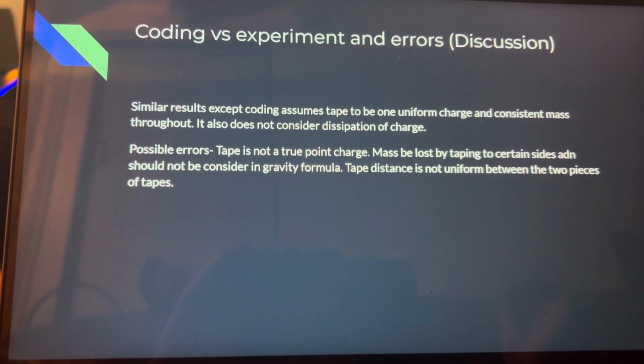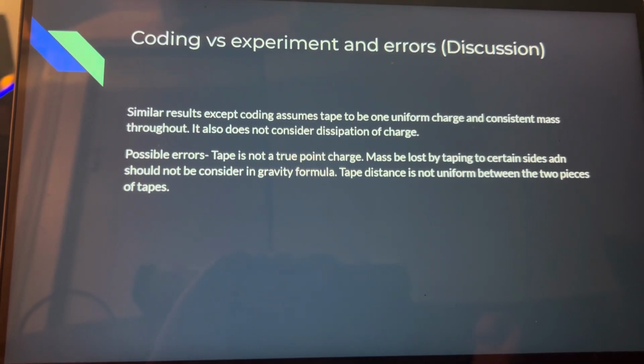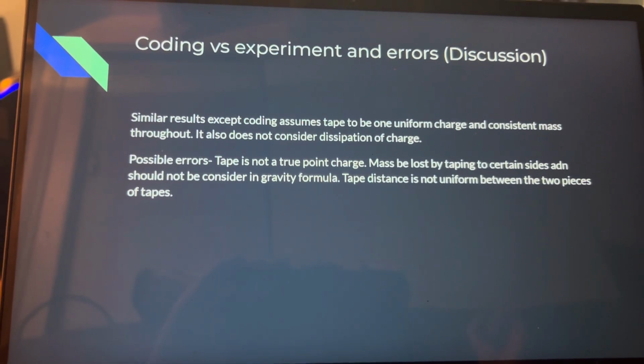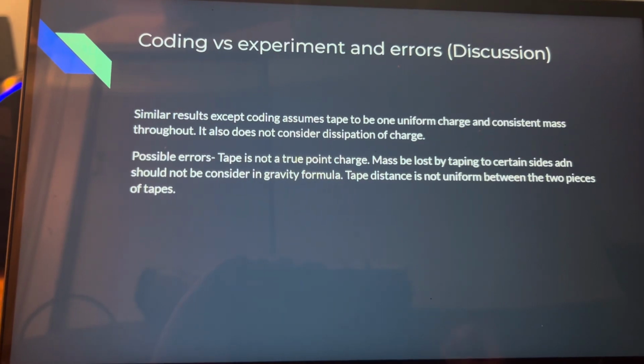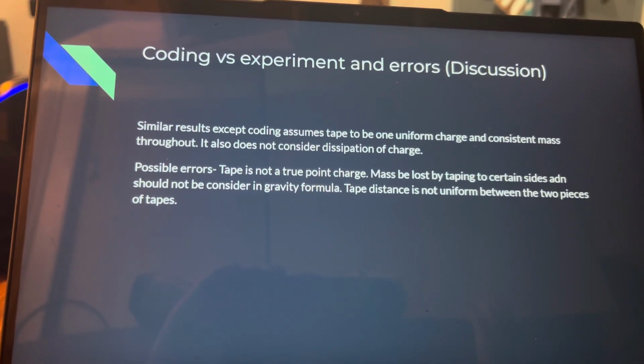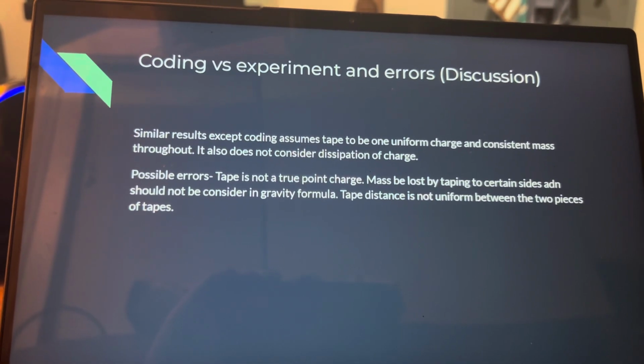Specifically, there were similar results between the coding and the experiment, but one of the issues with the experiment, as you'll see in errors, is the possible dissipation of charge, which the coding didn't consider. And of course, the coding was simply creating a free body diagram between the tape, gravity, and the electric charge exposed to the other piece of tape.